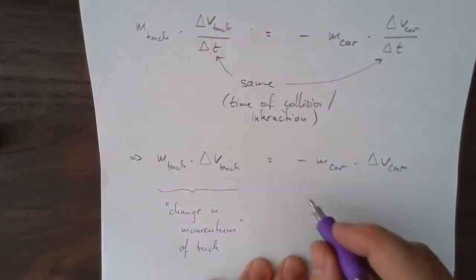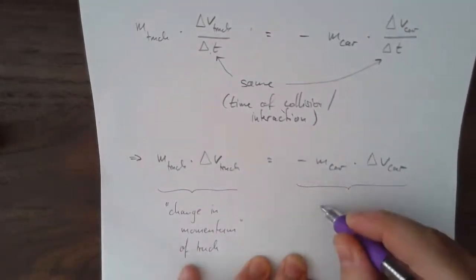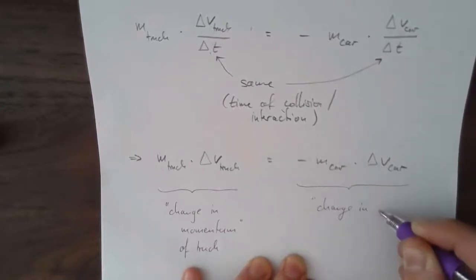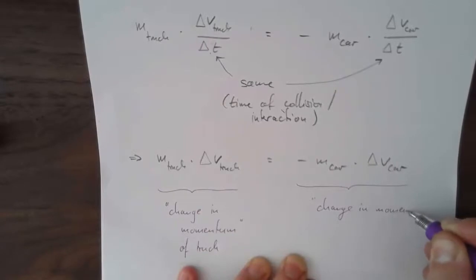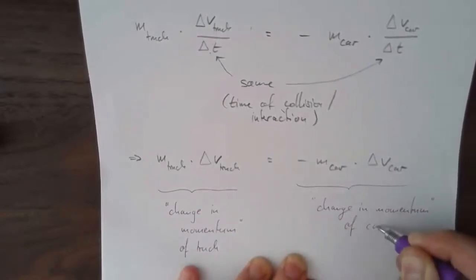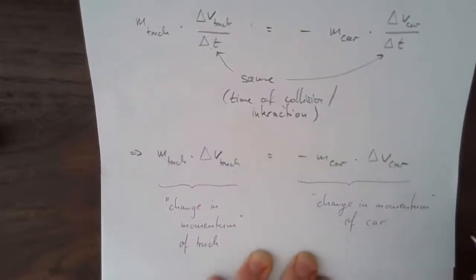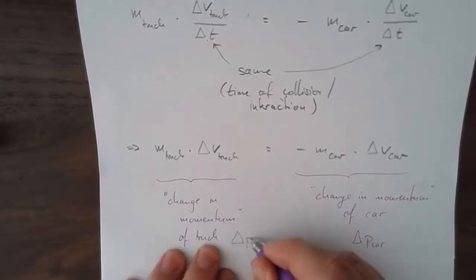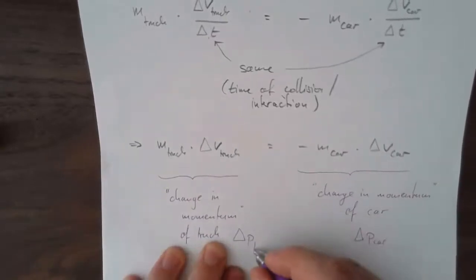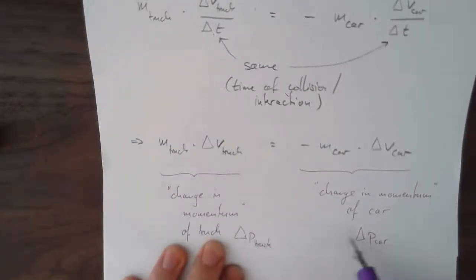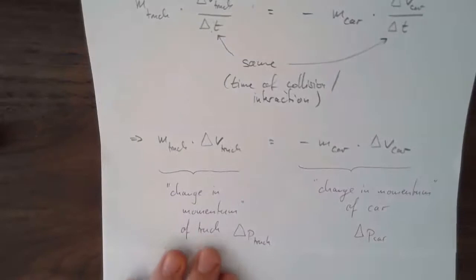And accordingly, this is the change in momentum of the car. So I might call this delta P car, and this delta P truck. Remember, P stands for momentum. Delta is the change in momentum of the truck, and the change in momentum of the car.